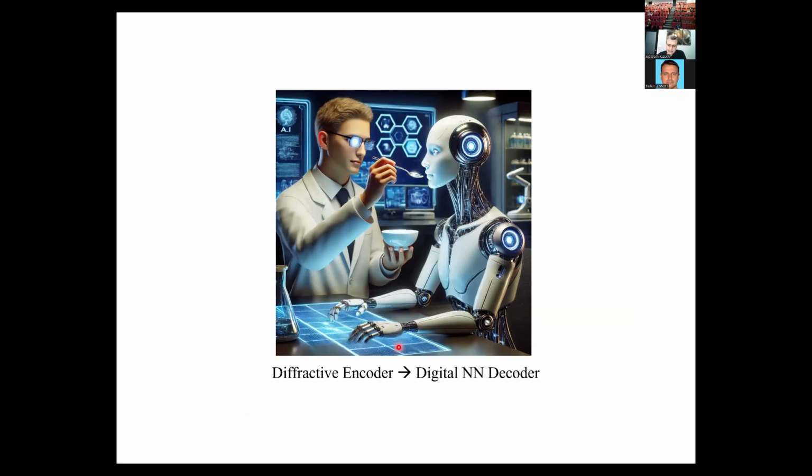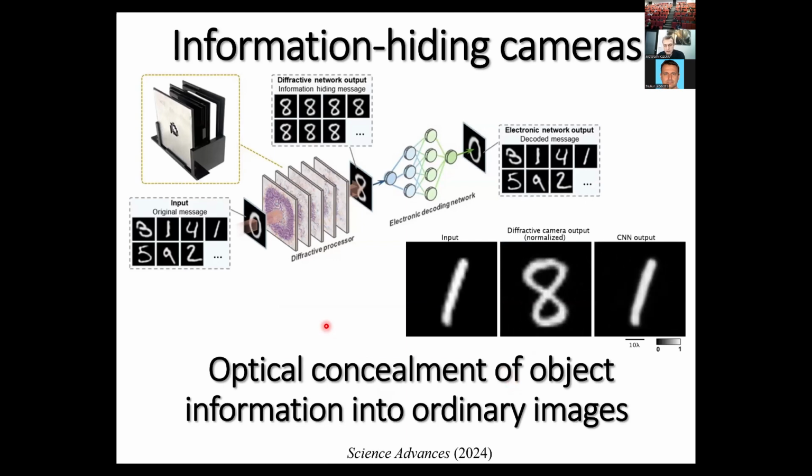In the first case, we'll start with a diffractive network acting like an encoder for a digital network to decode the information. A good example of this is one of our recent works on information hiding cameras. In this scheme, we have a diffractive physical processor, again in the visible and near infrared, as thin as maybe 50 to 100 microns, very thin optical components where layer-to-layer separations are a few wavelengths.